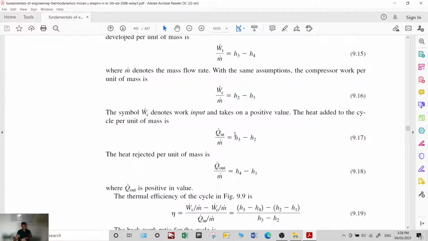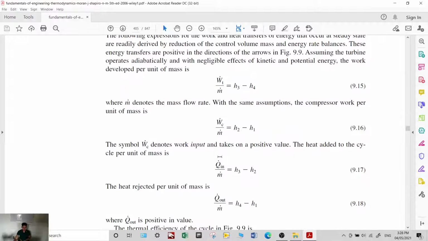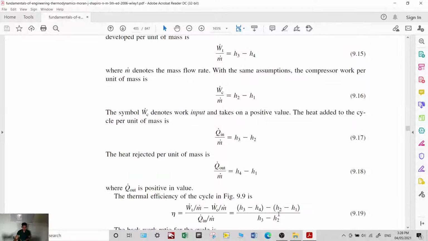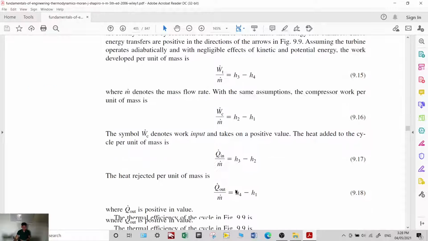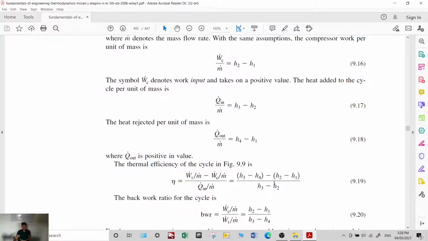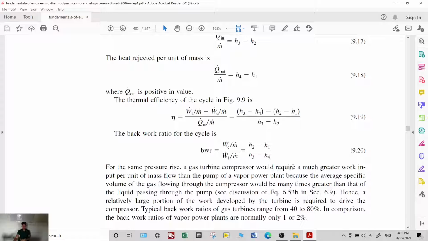The heat added to the cycle is just h3 minus h2 per unit mass, and the heat ejected per unit mass to the surroundings is just h4 minus h1. The thermal efficiency is the net work over the heat Q in, or (h3 minus h4 minus (h2 minus h1)) over (h3 minus h2).